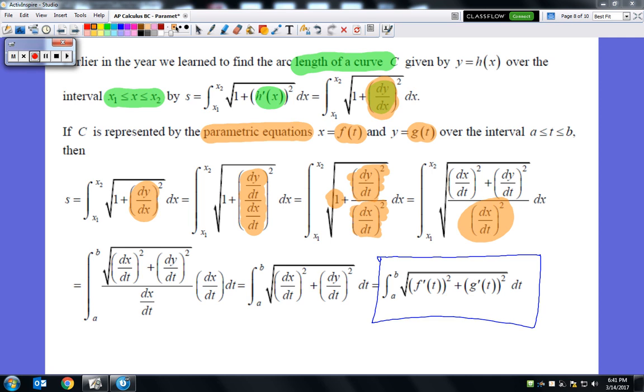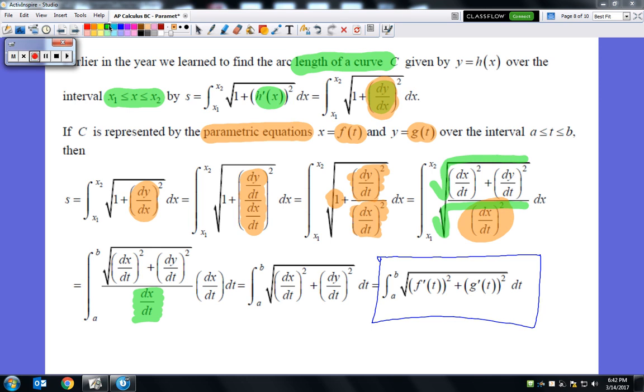And then the square root is broken up on the numerator and the denominator piece. The dx dt squared will cancel and just become dx dt. And then the top remains the same, the square root of the summation of the dx dt and dy dt squared.